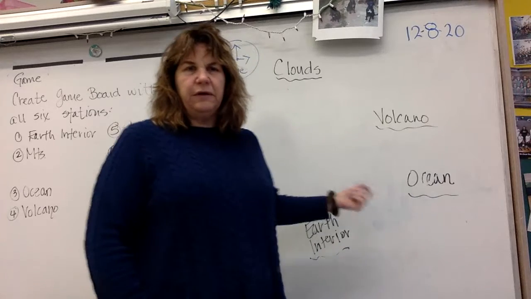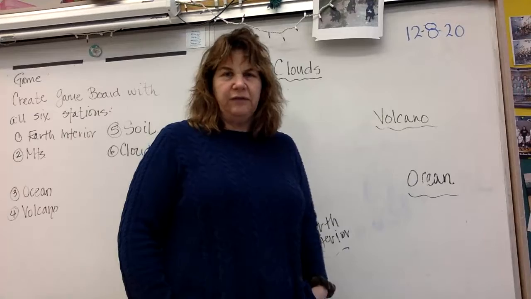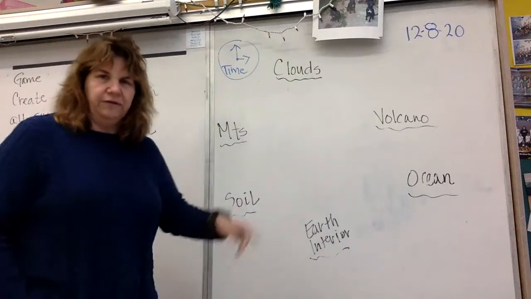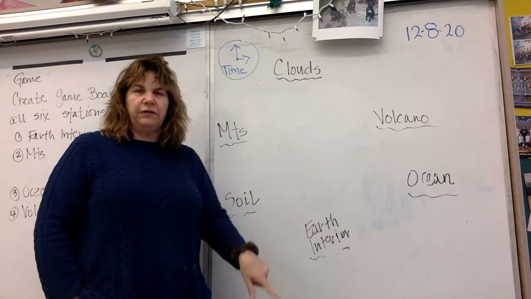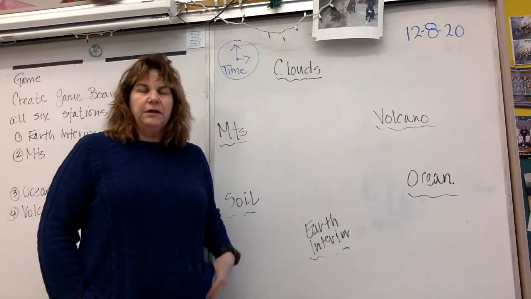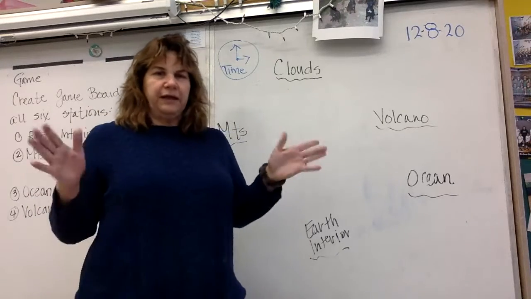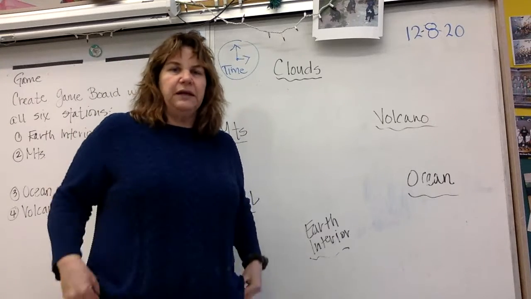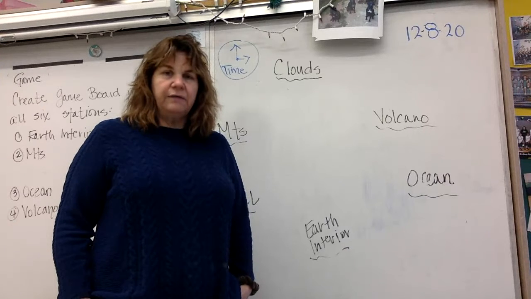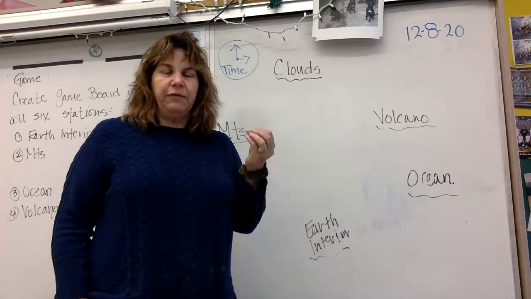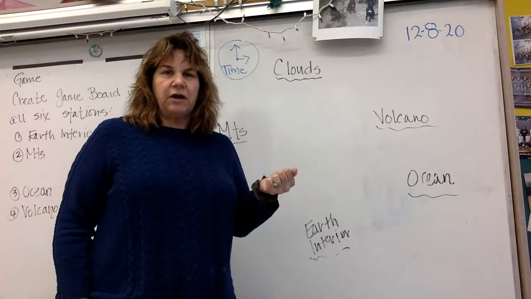So what we're going to be doing, it says behind me, you're going to create a game board with all 6 of these stations. And these are the stations. There's clouds, mountains, soil, the Earth's interior, the ocean, and the volcano. So for each station, on a piece of construction paper that I'll show you in just a minute, you're going to be drawing a picture of something significant about that particular station that is connected to rocks and the rock cycle.